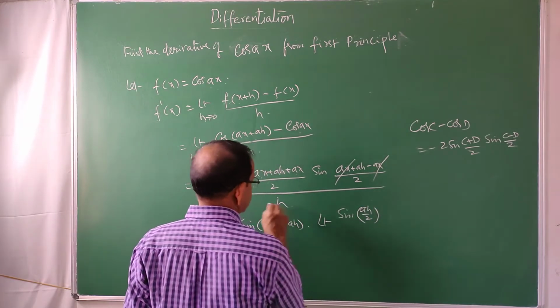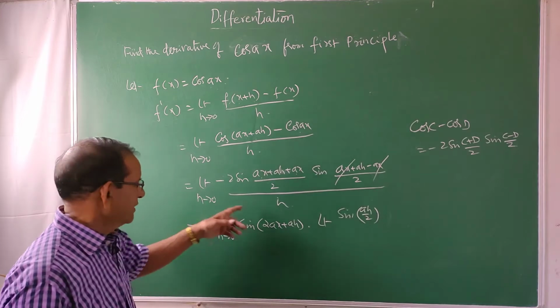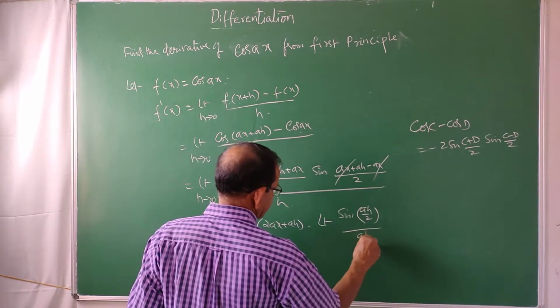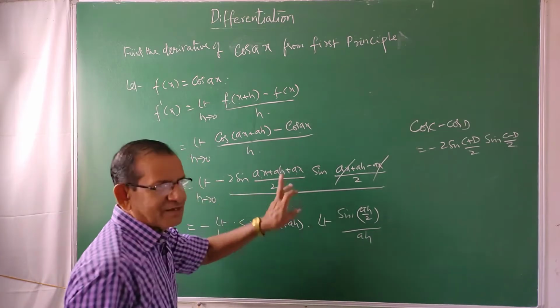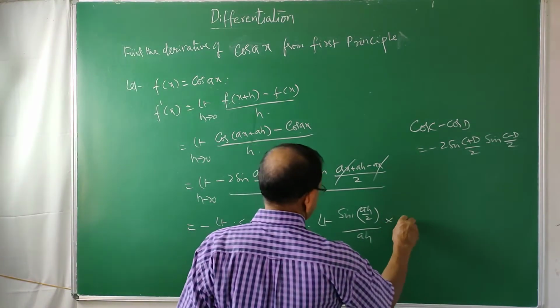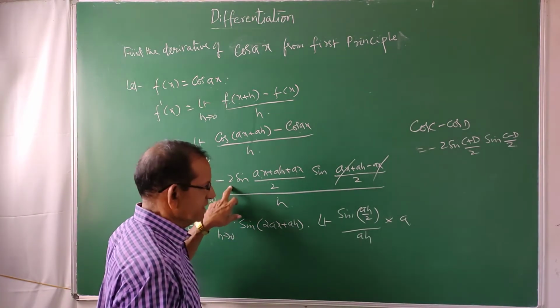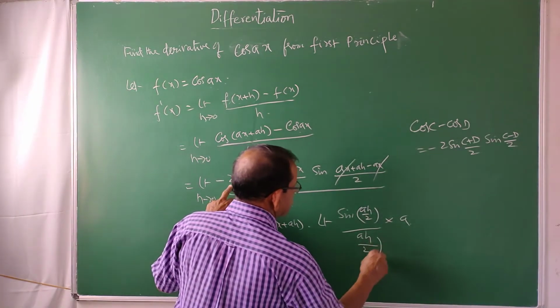Here only h is there, but ah by 2 is required. I will write ah, but a is not there in this one. So we multiply with a here. So there won't be any change in the value. This 2 is there, this you write under this one.